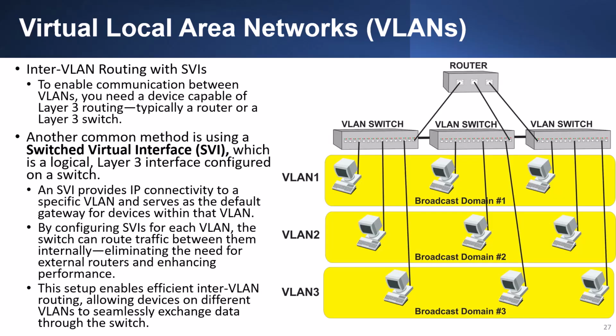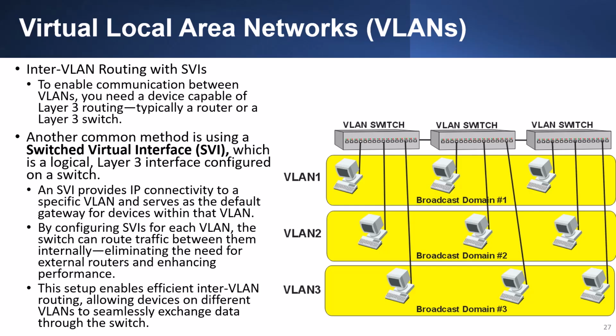To enable communications between VLANs, you need a device capable of layer 3 routing, typically a router or a layer 3 switch. Another common method is using a Switch Virtual Interface, or SVI, which is a logical layer 3 interface configured on a switch. An SVI provides IP connectivity to a specific VLAN and serves as the default gateway for devices within that VLAN.